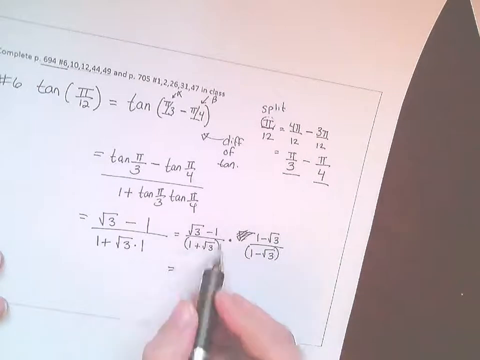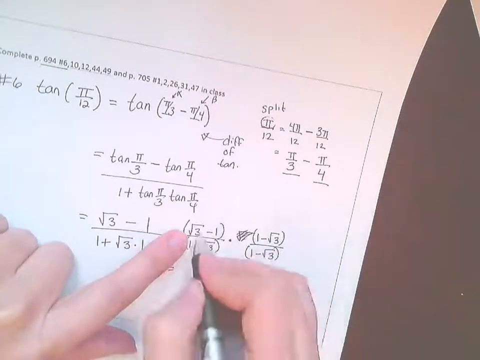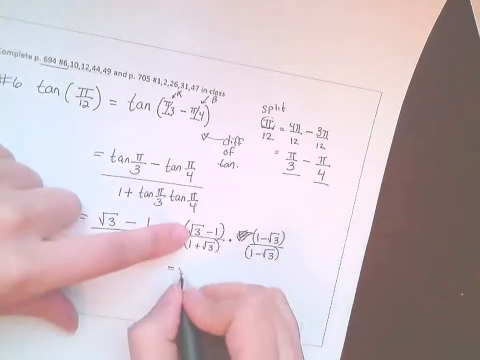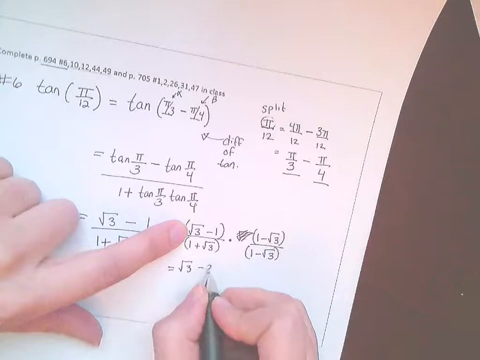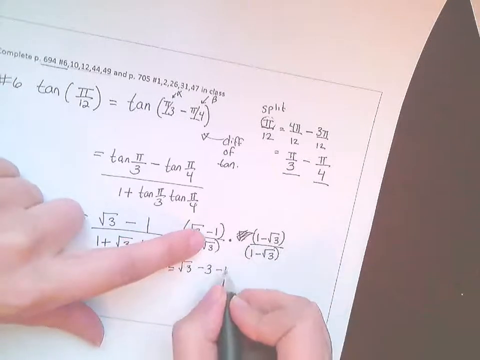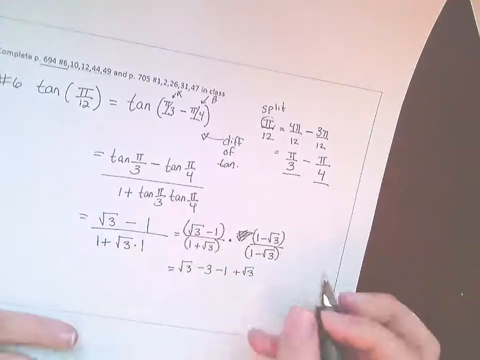So now when we multiply this out, this is still a binomial times a binomial. So first, the square root of 3, outer ends up being minus 3, inner is minus 1, last is plus square root of 3.